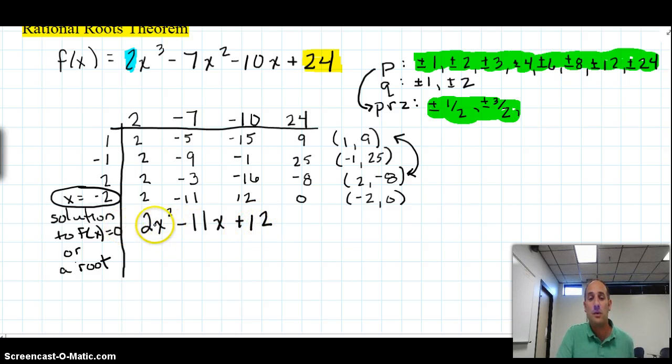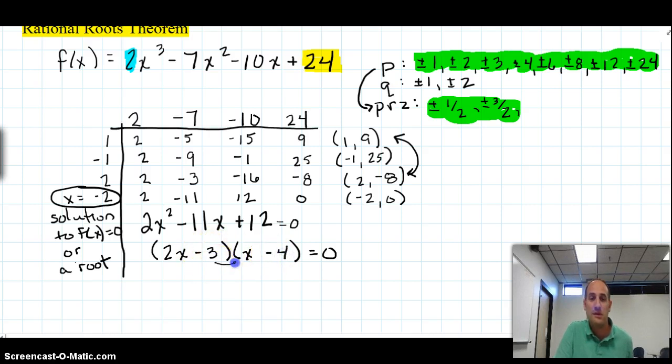When we look at this one then, we have better ways of solving this when this equals 0 than to do the rational roots theorem, because you can see it's guess and check. It's an educated guess and check, but it's still a guess and check. So what I'm going to look at with this case is we can factor the 2x squared minus 11x plus 12. So once we get down to a quadratic, something we can factor, let's work with that. I think we had a -4 and a -3.